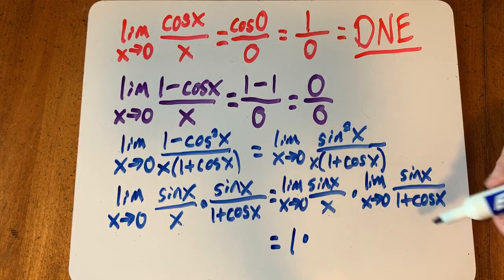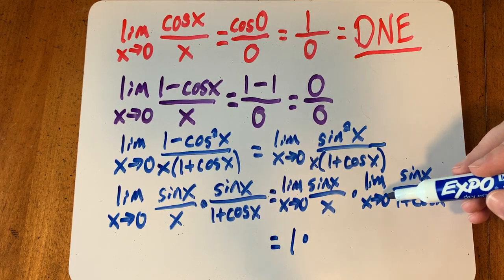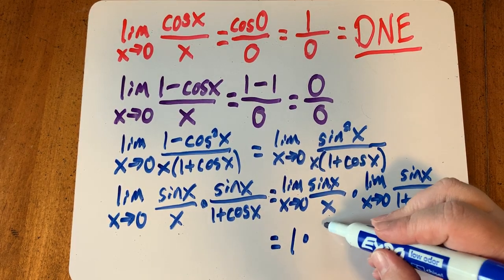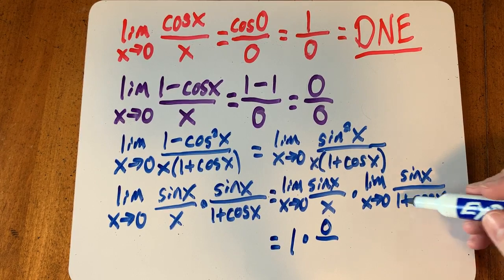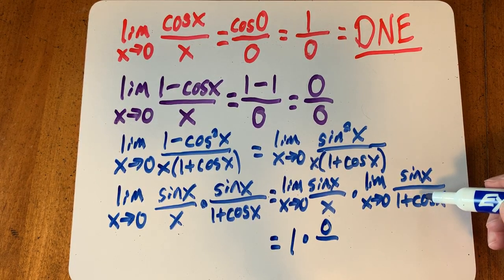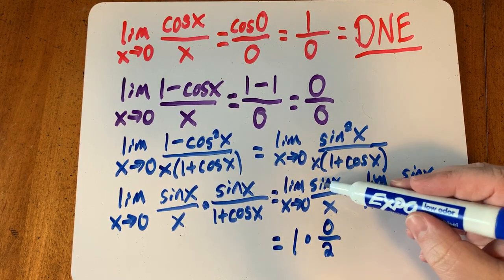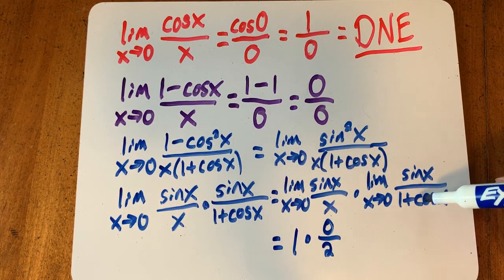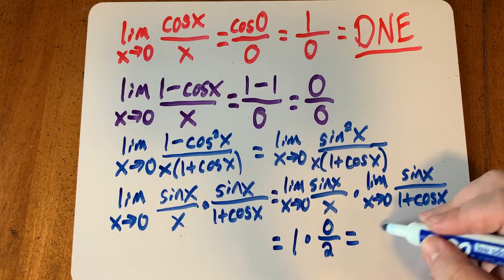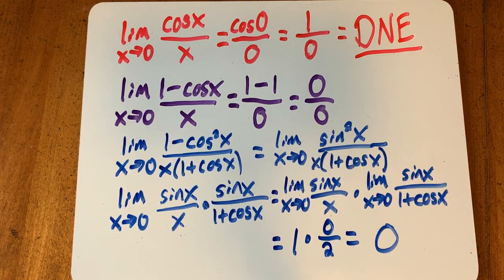And this one, let's try plugging in and see if it works. And if it does work, then we're all set. We don't need to worry about discontinuities or anything. So if we plug in 0, sine of 0 is 0. And 1 plus cosine of 0 is 1, plus 1 is 2. So it's 1 times 0 over 2, which is 0.